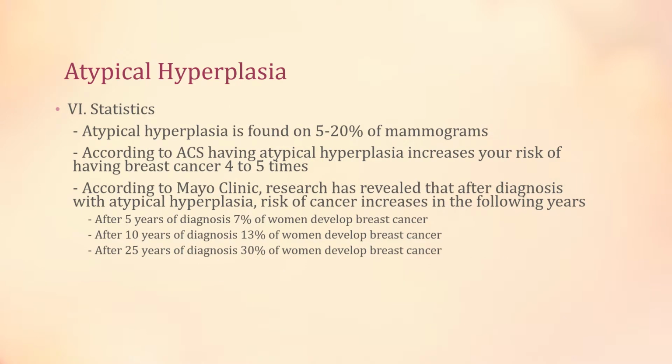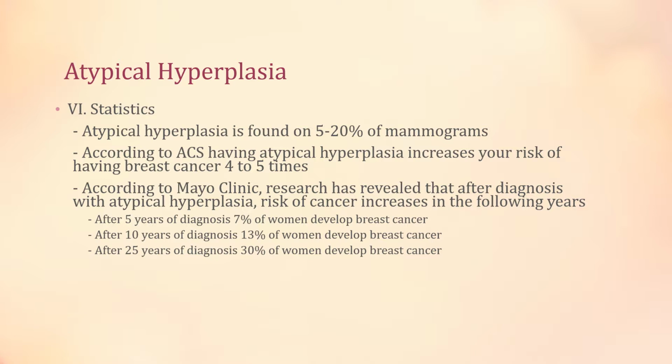The statistics of atypical hyperplasia. Atypical hyperplasia is found on 5 to 20% of mammograms. According to the American Cancer Society, having atypical hyperplasia increases your risk of having breast cancer 4 to 5 times.